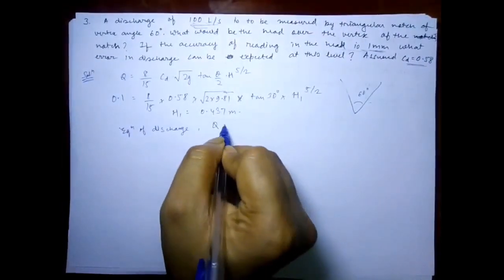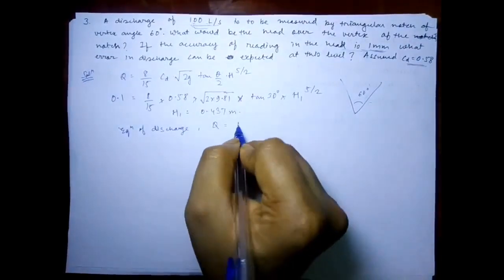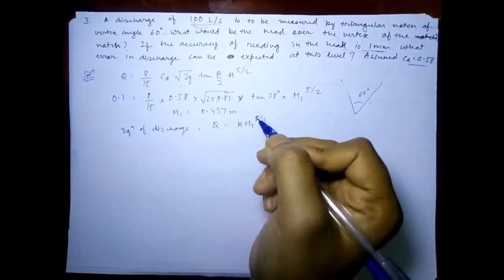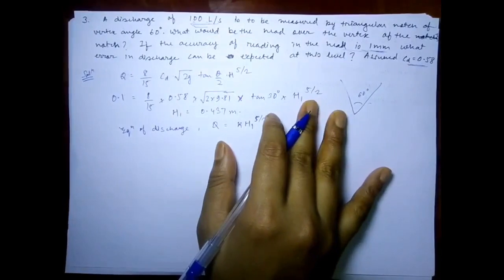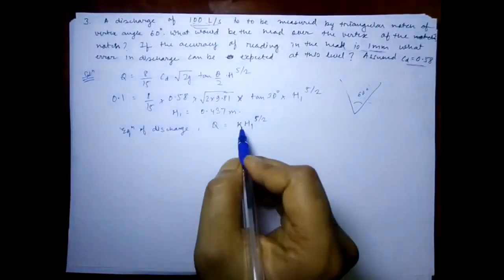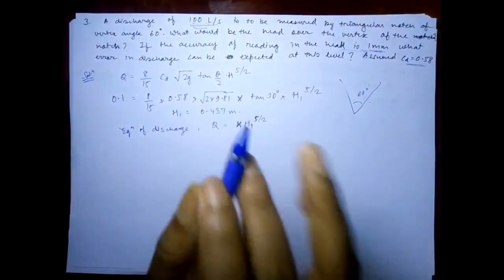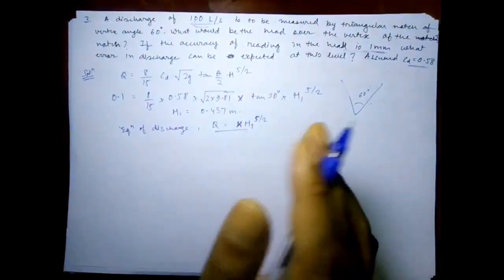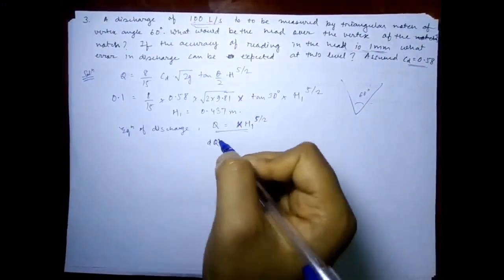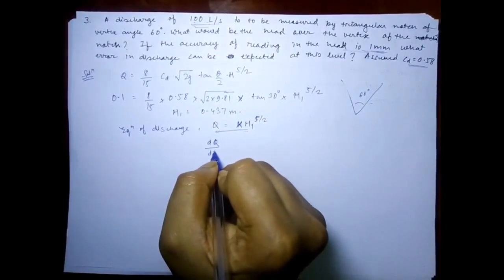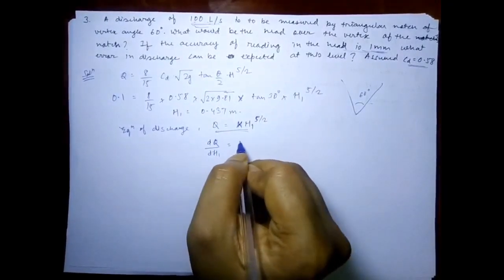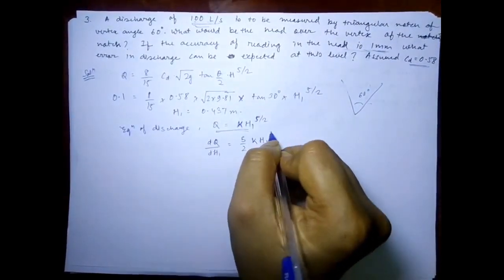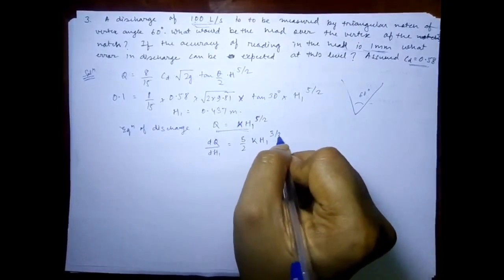Now writing the equation of discharge, suppose Q is equal to K h1 to the power 5 by 2, as Q is directly proportional to h to the power 5 by 2 for a triangular notch, and let us take K as the constant of proportionality. So I am writing Q is equal to K h1 to the power 5 by 2. Therefore the derivative will be dQ upon dh1 equal to 5 by 2 K h1 to the power 5 by 2 minus 1, which is 3 by 2.